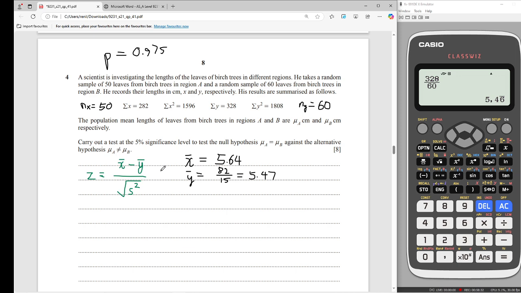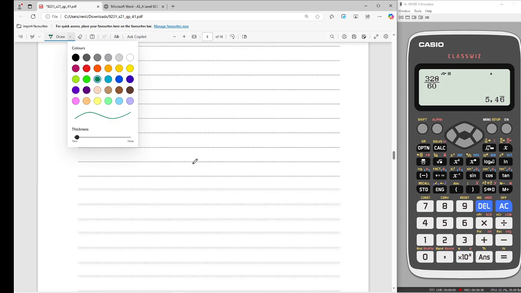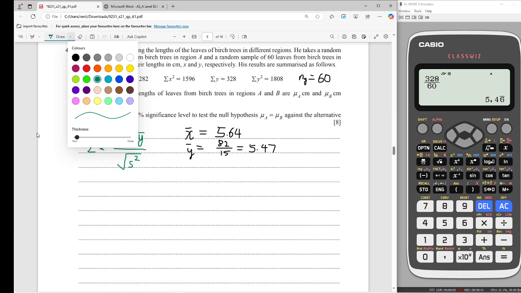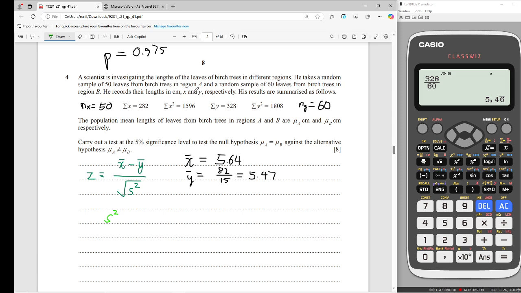Moving on. Now we need to calculate S2. There is a formula when we have a two sample test. Do note we're not using S2P, because nowhere does it say that the population variances are equal. S2P means the pooled variance.